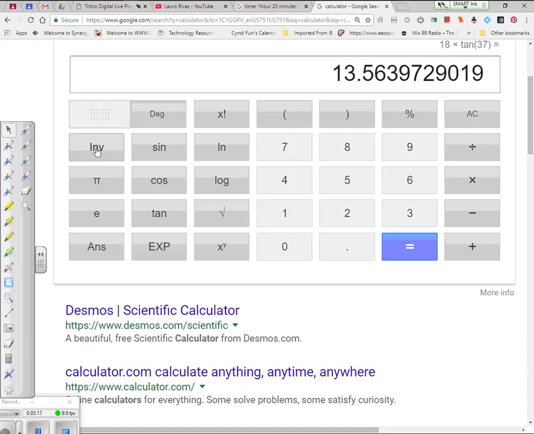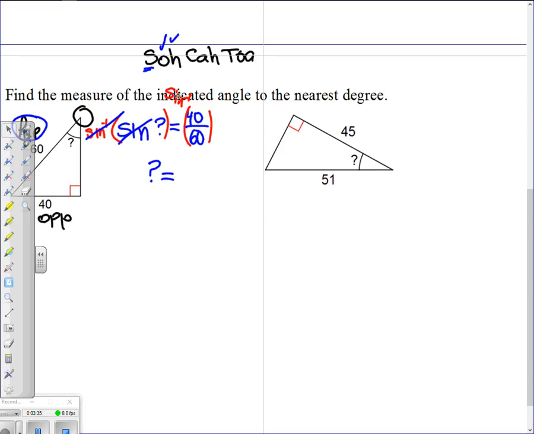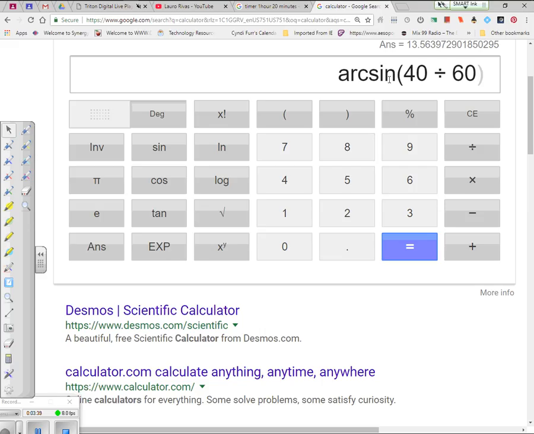Notice when I click on the inverse, this becomes sine to the negative 1. Everything else changed. So what I enter is sine inverse 40 over 60. Get equal, and that's the answer.